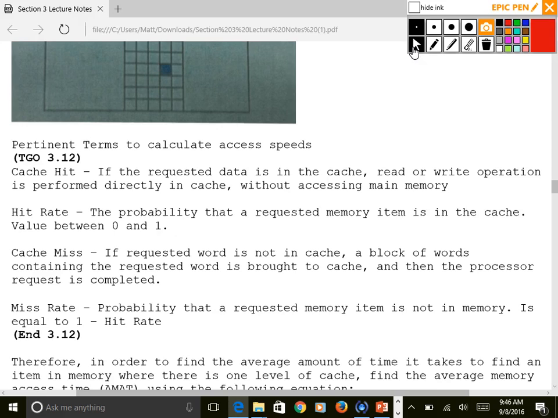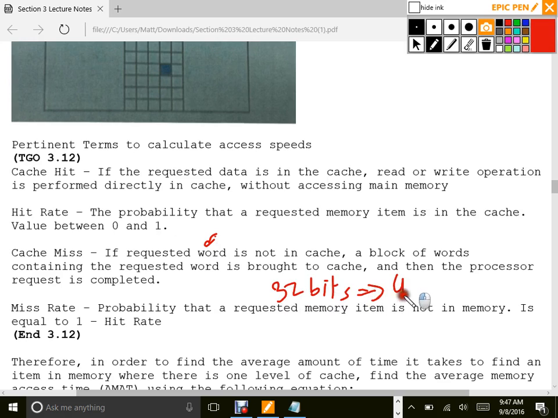Cache miss, obviously the antonym of cache hit. If the requested word, or in this case byte, or whatever we access here, is not in the cache, a block of words containing the requested word is brought to the cache. A word is 32 bits, or 4 bytes.